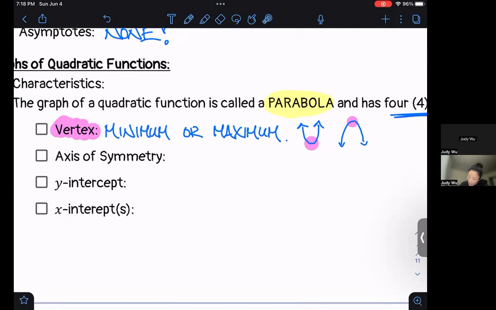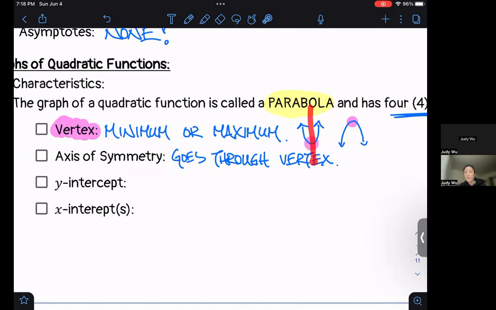Next up, axis of symmetry. The axis of symmetry goes through the vertex. For example, our axis of symmetry might look something like this, or something like this.